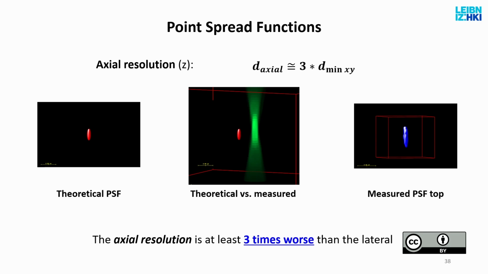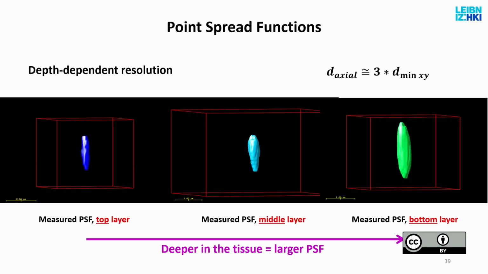The measured point spread function will also depend on how scattery your tissue is, which also means that if you measure deeper in a tissue, for example, this is from a mouse bone marrow, the deeper you are in the tissue, the larger the point spread function. This means that if I focus deeper into a scattered tissue, my resolution will drop.